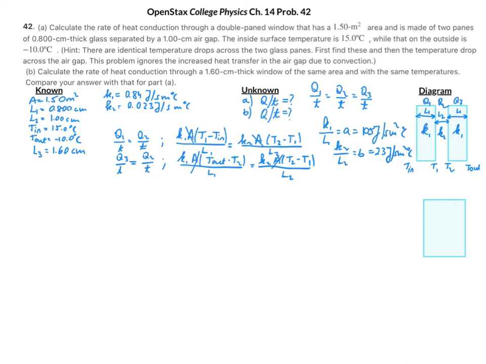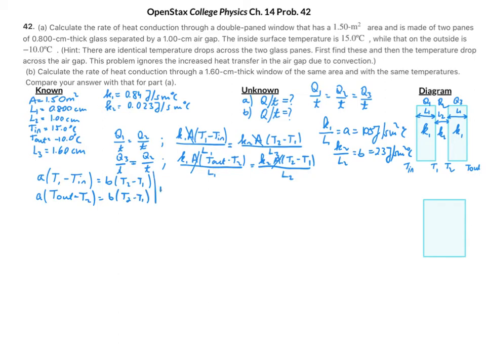So then I will rewrite these two equations, making those substitutions, and end up with A times T1 minus T in equals B times T2 minus T1, and then A times T out minus T2 equals B times T2 minus T1.